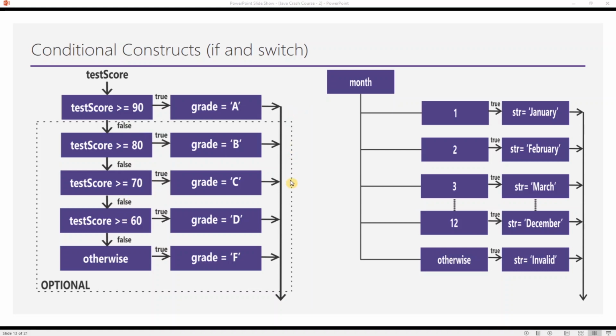So the control jumps to the next statement following the if construct, skipping all the other conditions that are defined as part of the if clause. However, if the score is less than 90, then the first condition becomes false and the control falls back to check the next condition in the pipeline, and so on and so forth.